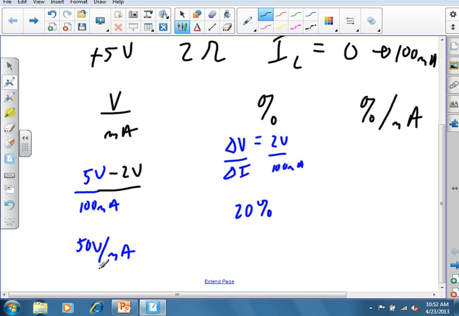So that'd be 3 volts per 100 milliamps, so it'd be 30 volts per milliamp. Is that better? Maybe that's better. And then a percent, the total percent change in the output voltage over the rated range of the load currents.